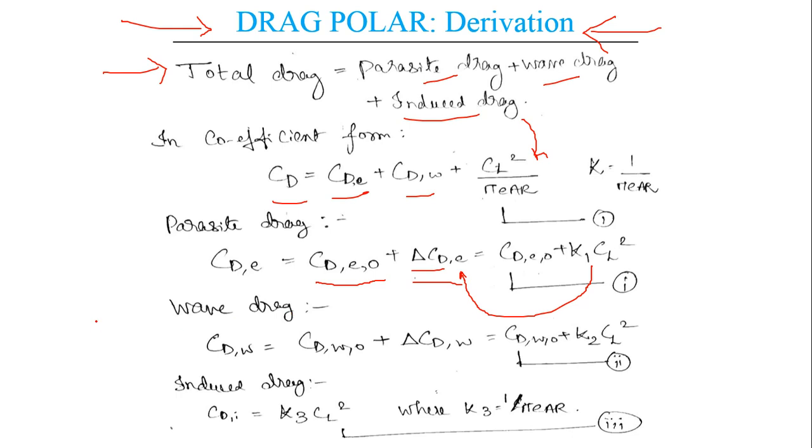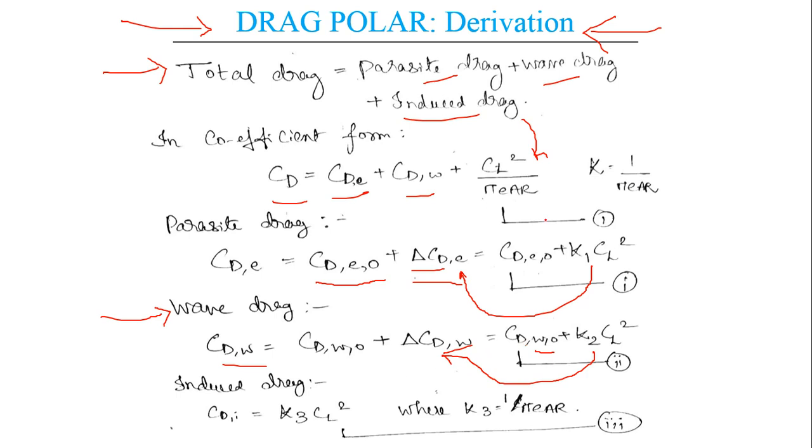Similarly, wave drag, as I said, is associated with supersonic flow and shock waves. In a similar manner, we can write the coefficient of wave drag as CD comma w comma not, which means the drag which is not caused due to lift, and K2 CL square, which is the value for drag which is induced by lift, also known as caused by lift.